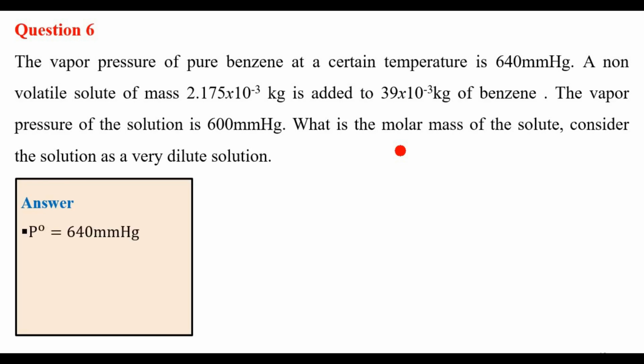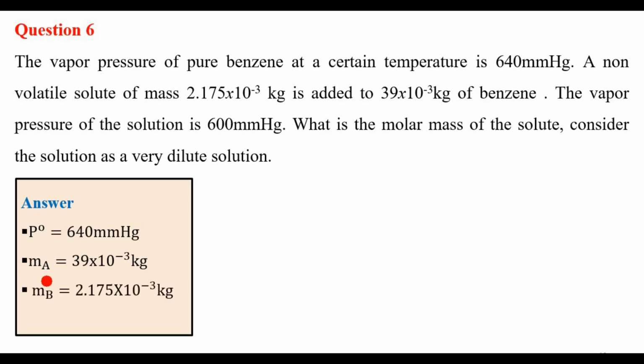We have the vapor pressure of the pure solvent, which is P naught, equal to 640 millimeter mercury. We have also the molar mass. We have the mass of the solvent, which is 39 times 10 power negative 3 kilogram.